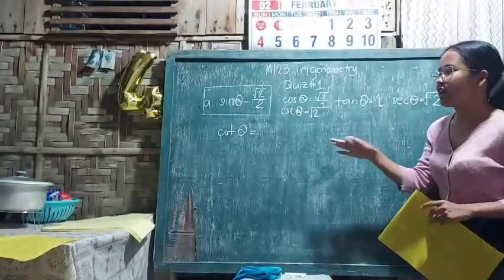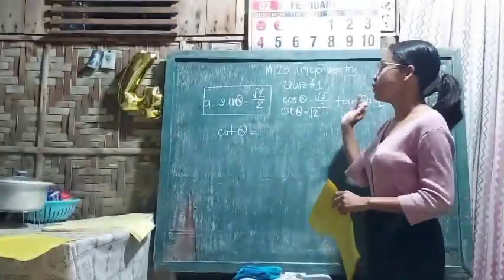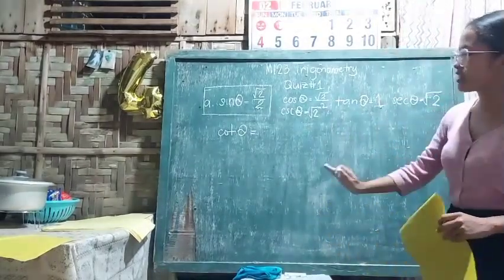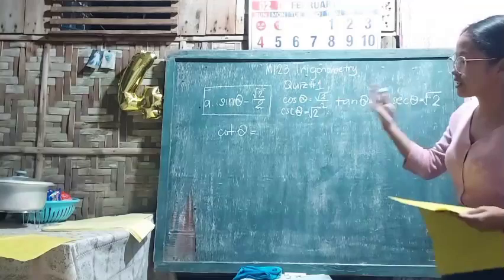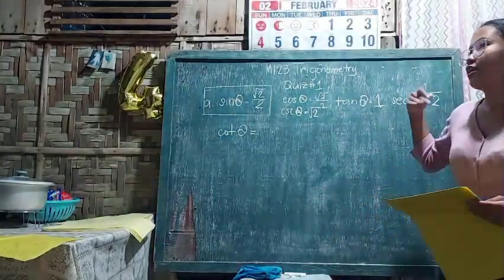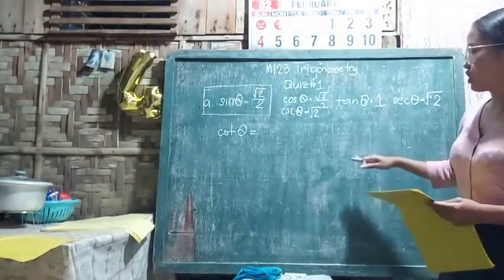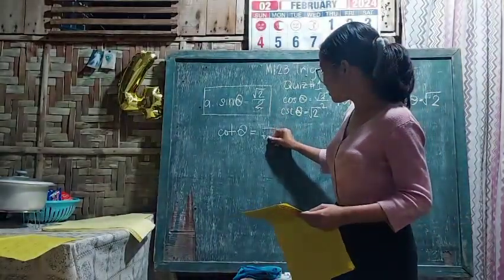Now for our last trigonometric function for sine theta equal to square root of 2 over 2, it is the cotangent theta. To look for the cotangent theta, we are going to use the reciprocal identity, which is 1 over tangent theta.